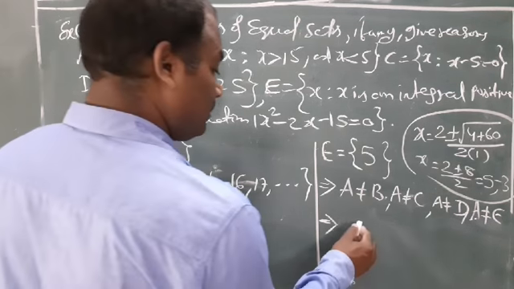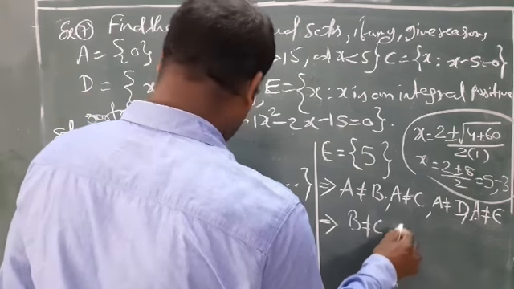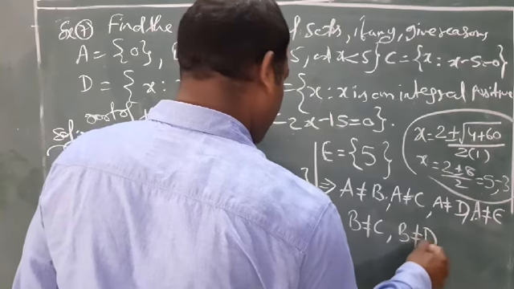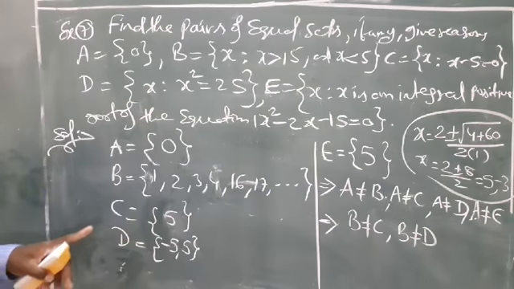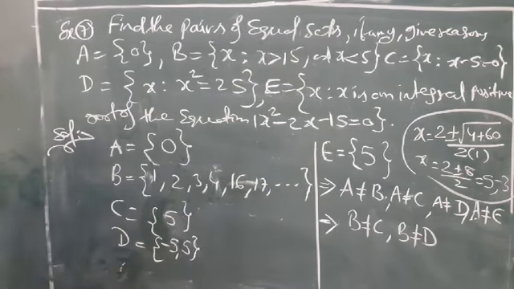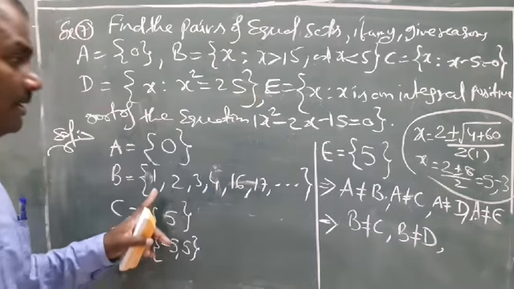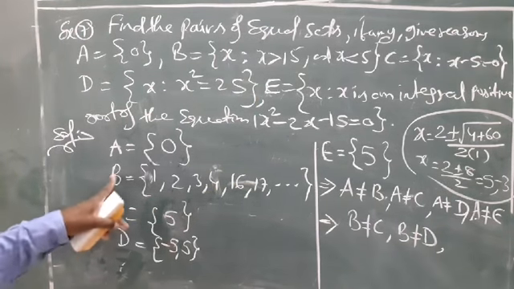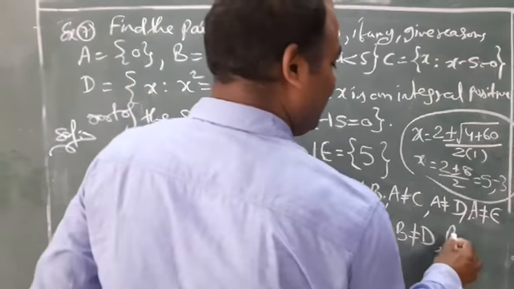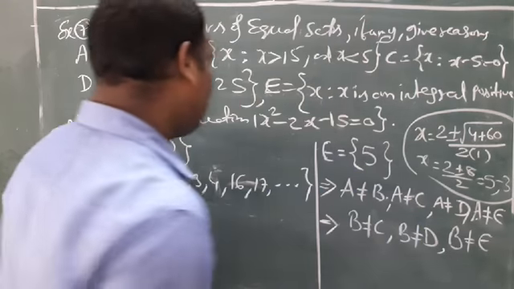Okay, b not equal to c, b not equal to d. Next one, b and e, b not equal to e.